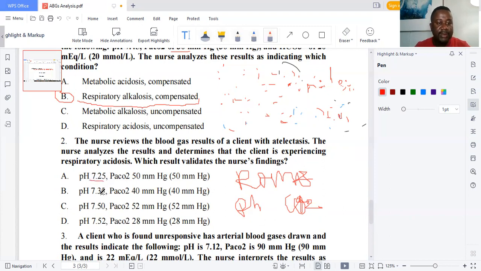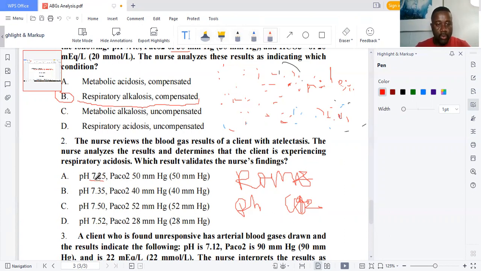This is it, right? This one is within, here is also on the acid side. This one is 7.50. This one is 7.52. It cannot be C and D. It is between A and B. Let's look at it.